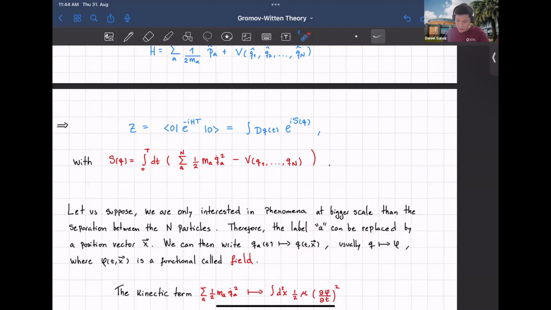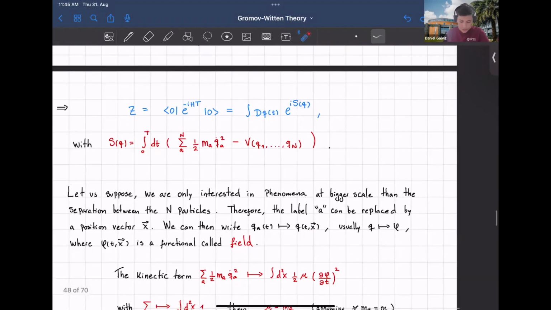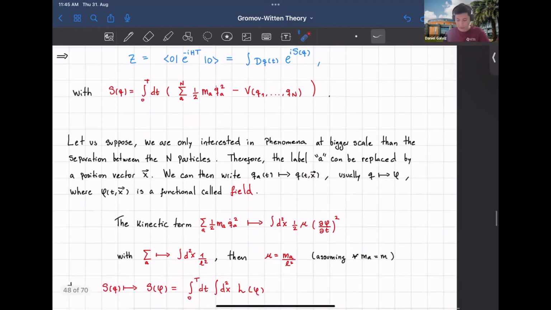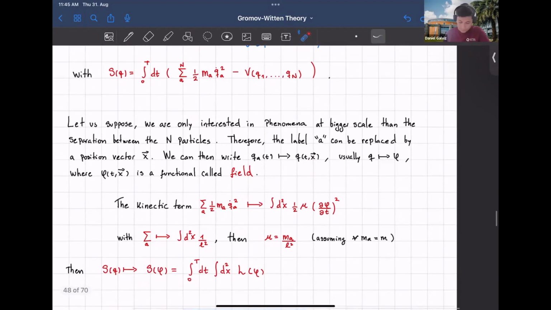So usually we rename it and call it phi, or field. In this case, we use phi because we use phi to describe bosons, psi to describe fermions. So this field is called a field because it has the properties of a field.